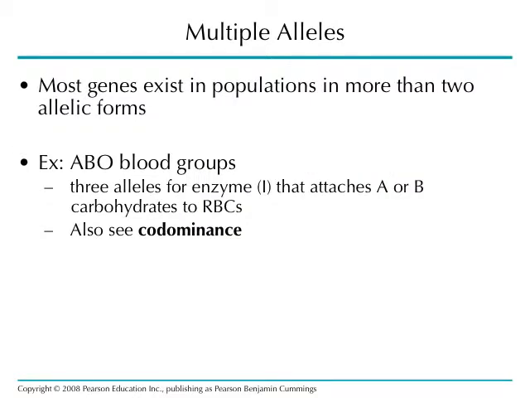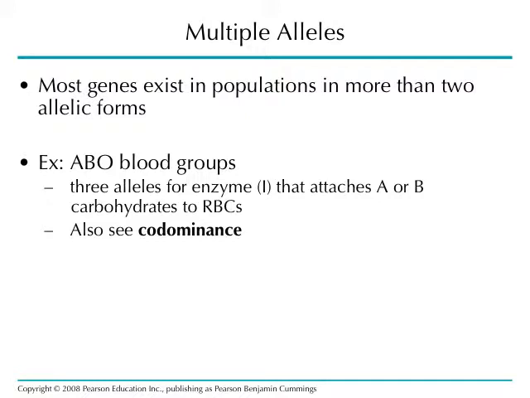So another type of inheritance pattern would be when you look at multiple alleles. This is, again, true for most genes in the population, especially in humans, and one example we use a lot is the ABO blood group. So this is what you usually think of when you think of blood type. Although this is only one type of blood type, there are other ones too.